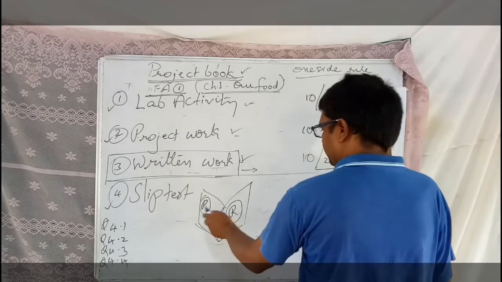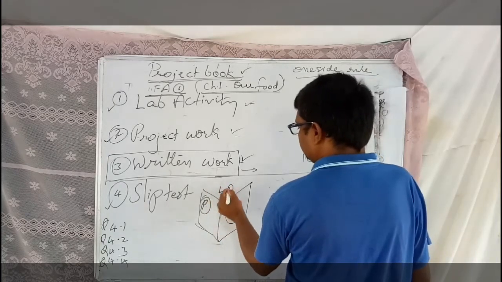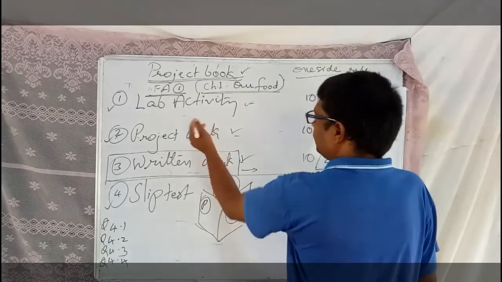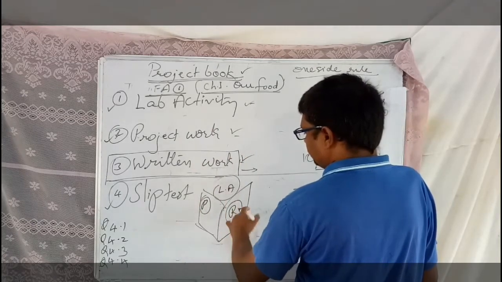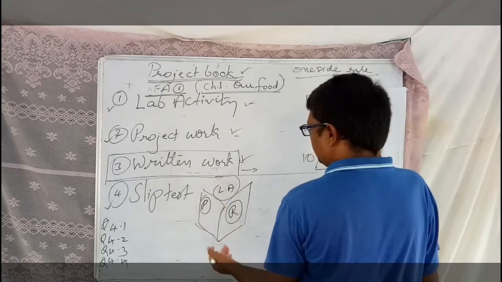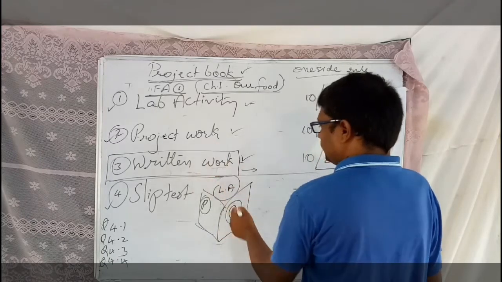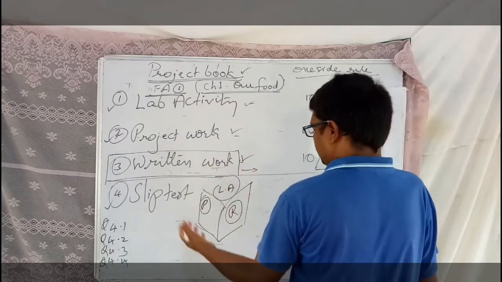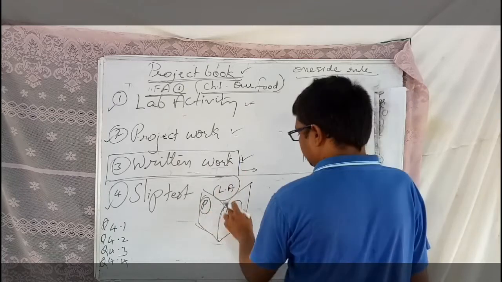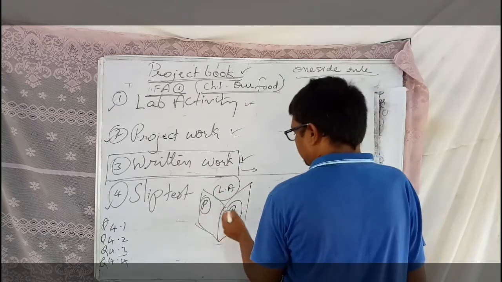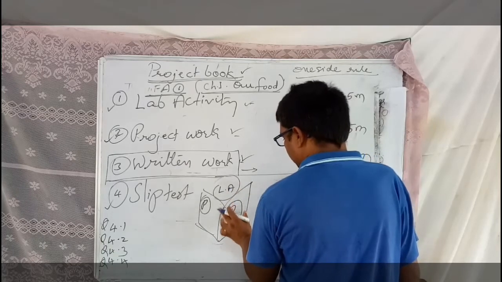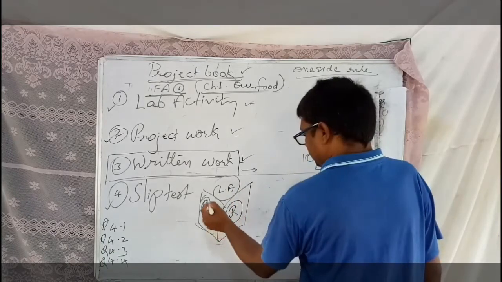And after this lab activity is done, then you have to put the heading project work. After lab activity is done, you turn the pages and put the heading project work and write the same like lab activity. You have to write the matter on the right side page, on the ruled page.